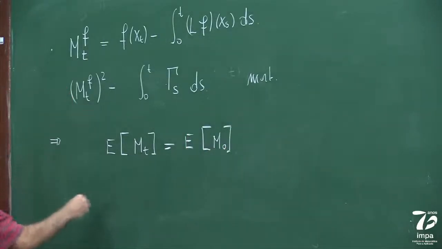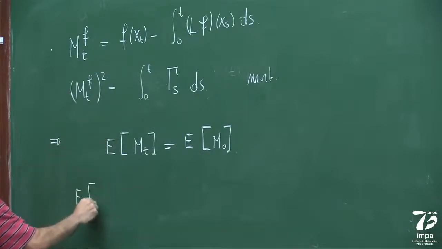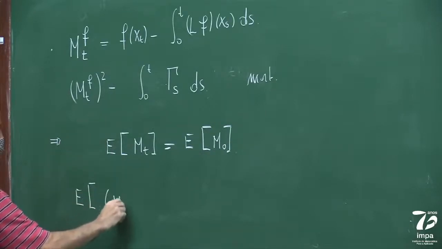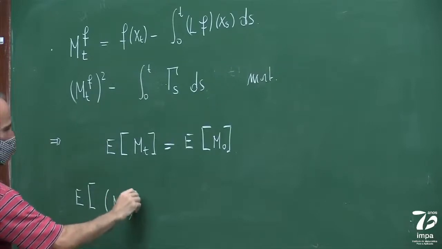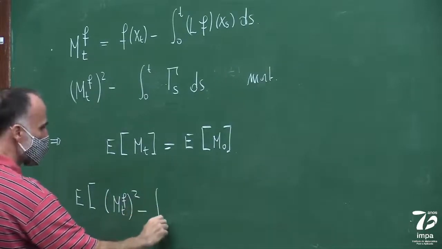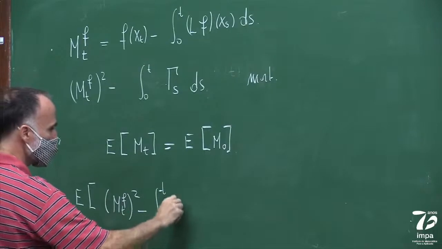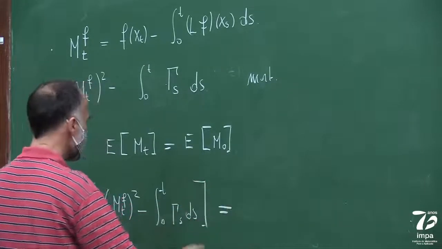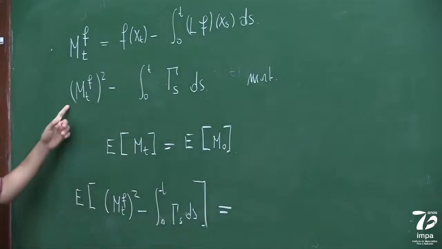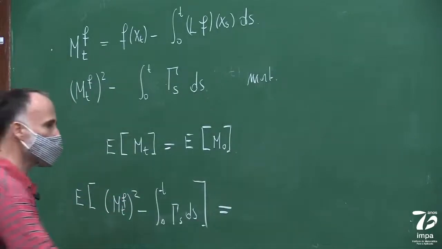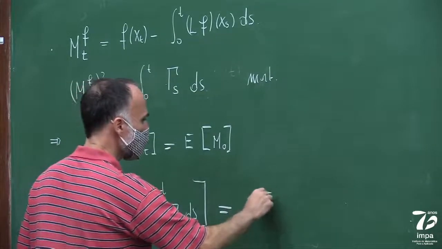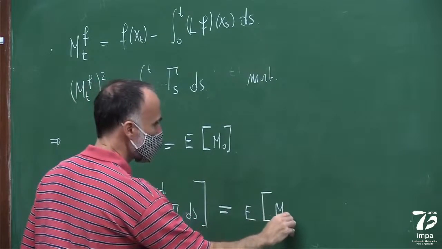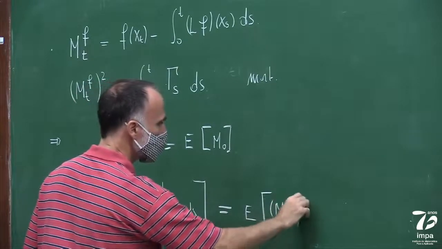So since this is a martingale, the expectation of M t f square minus this integral from 0 to t of gamma s ds is equal to the expectation of this martingale at time 0, which is M 0 f square.